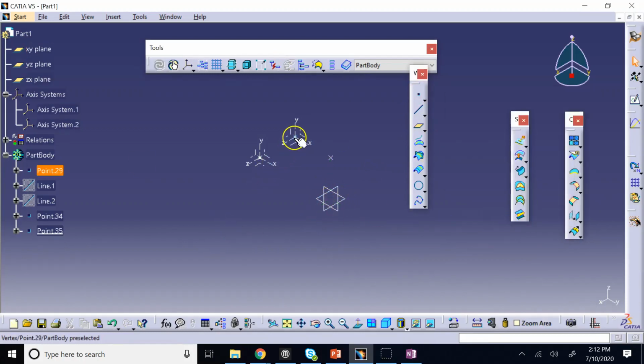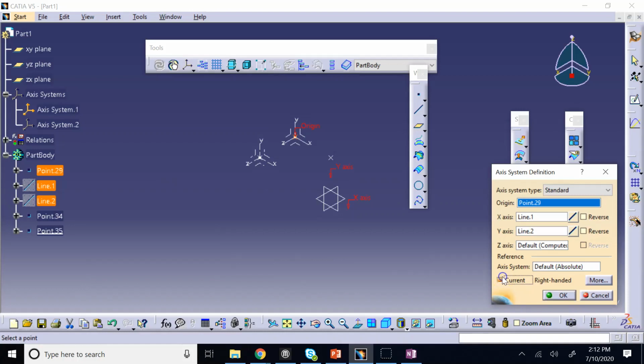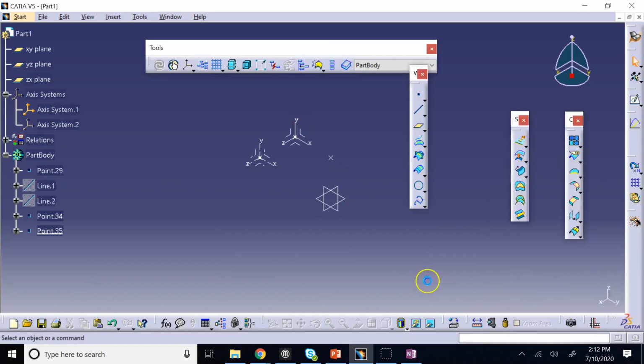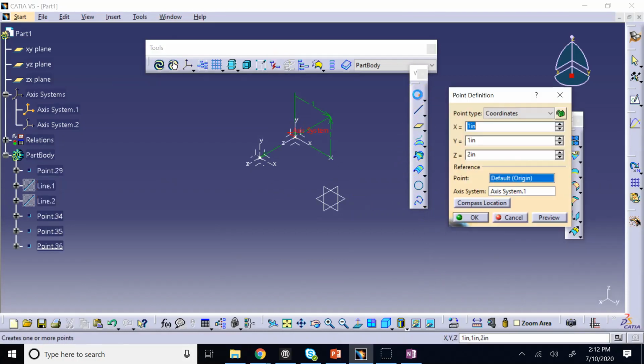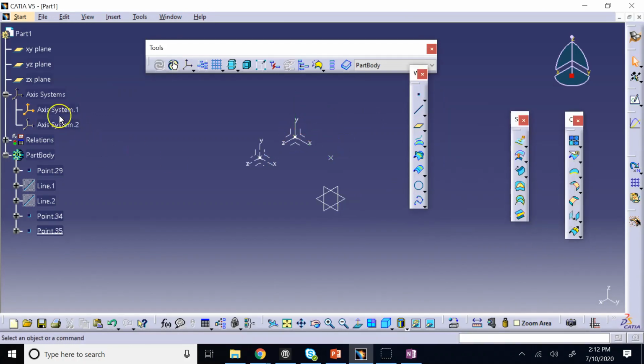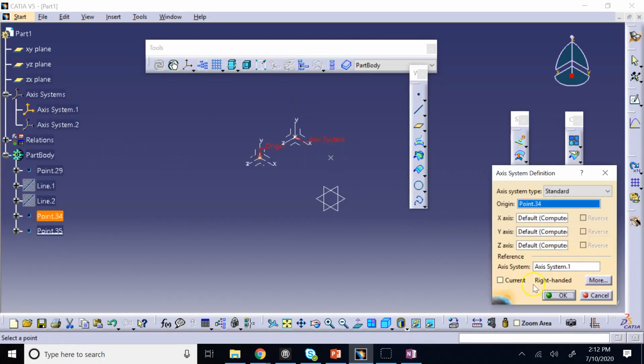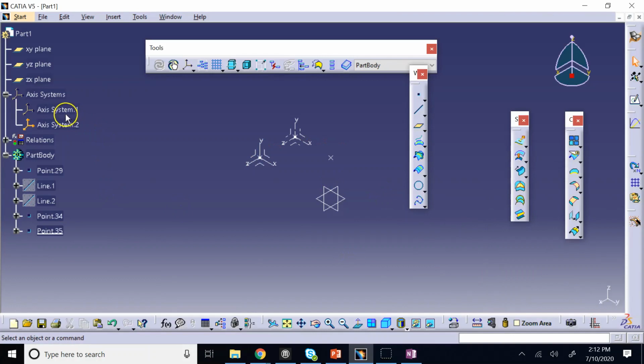But maybe I want everything to be measured from this point on with respect to frame 1. So I double click on frame 1 and make it what? The current frame. Now from this point on, wherever I click on a point, the default is axis system 1. So by double clicking on any of these guys and making them current, you can make that guy the default coordinate frame.